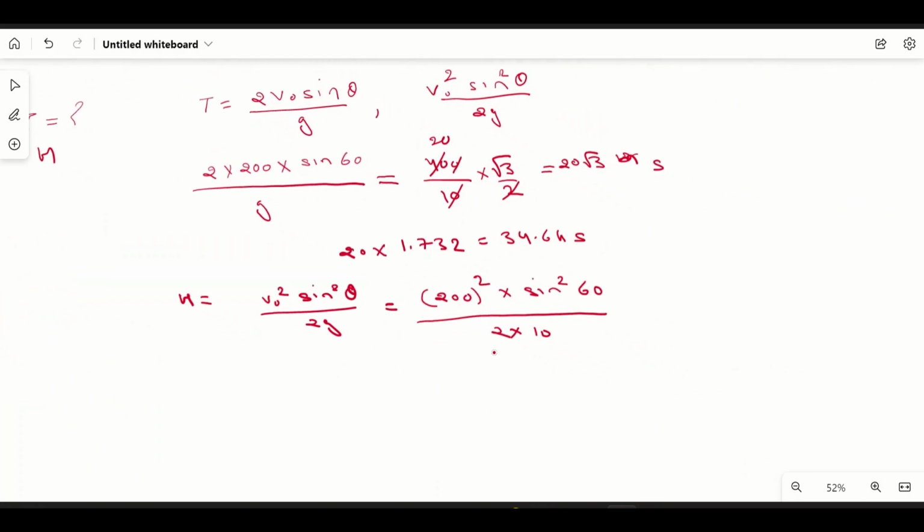So you will get 200 square is 40,000 into sine square 60, which is root 3 by 2 square, that is 3 by 4, divided by 20. If we divide it by 4 again, then we will get 500 into 3, which is equal to 1500 meter or 1.5 kilometer. So I hope you understood up to this point.